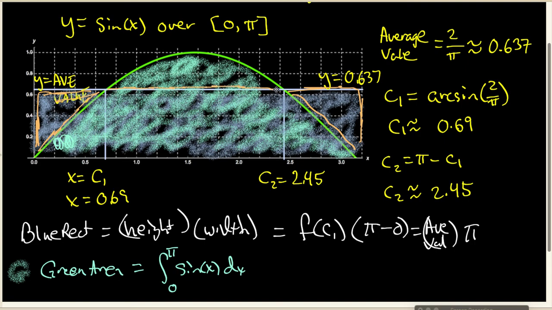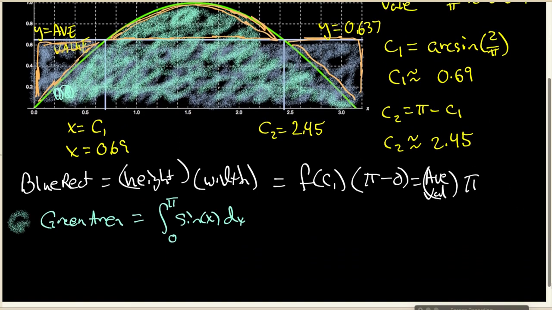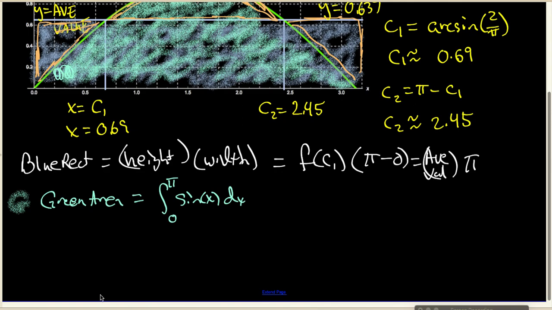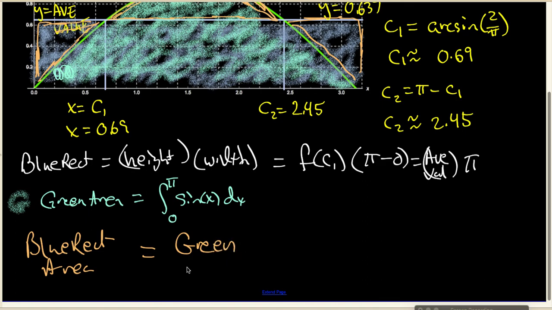In fact, if the picture is drawn correctly, they are exactly equal to that chunk of the area that is not inside the rectangle. And the mean value theorem says that the blue rectangle area is exactly equal to the green area under the curve. And that ends this example.